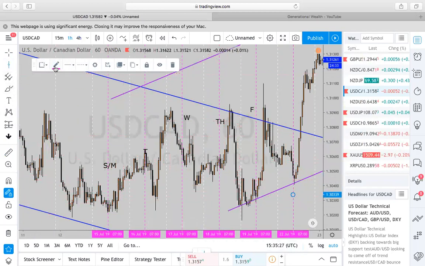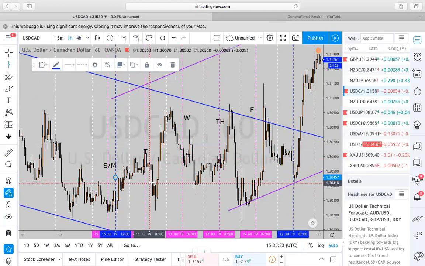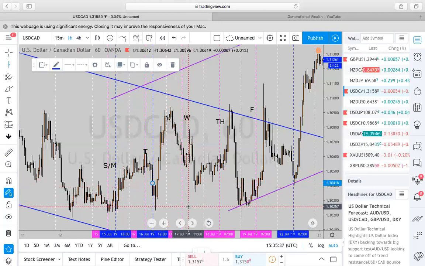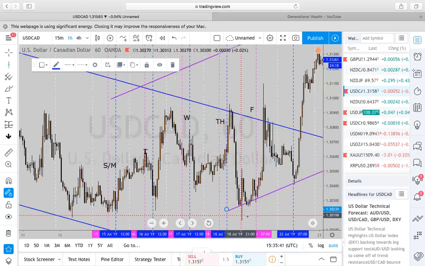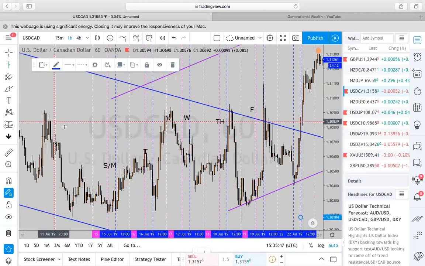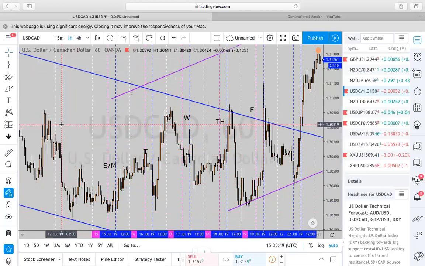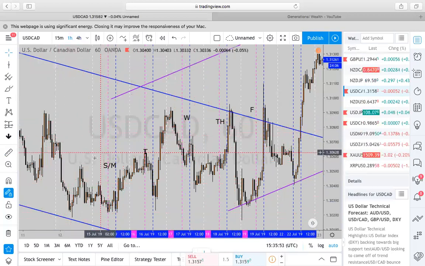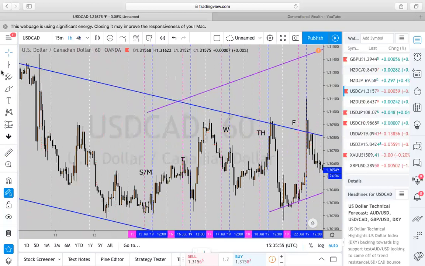Now, let's go ahead and identify our New York session starting. And that would be 15 hours from the session break. All right. No indicators, guys. These are our indicators, pretty much. So now we have that identified.